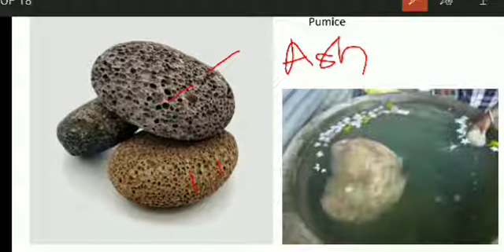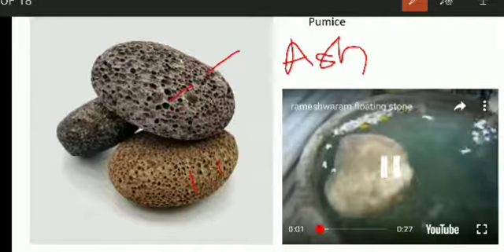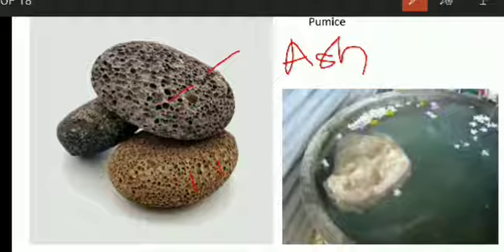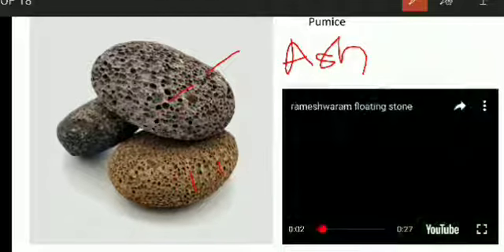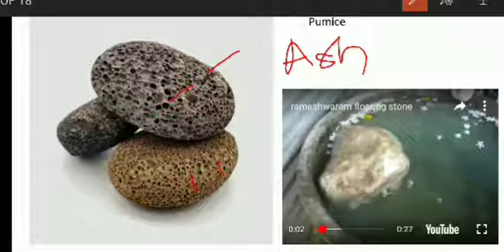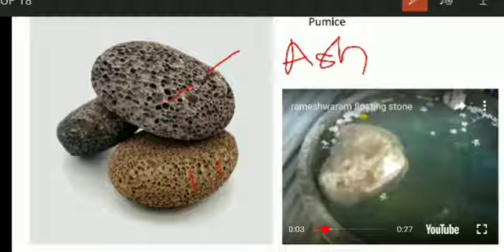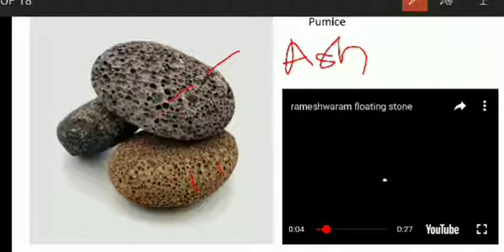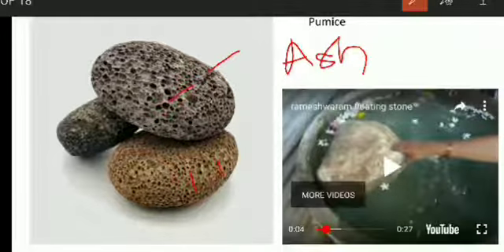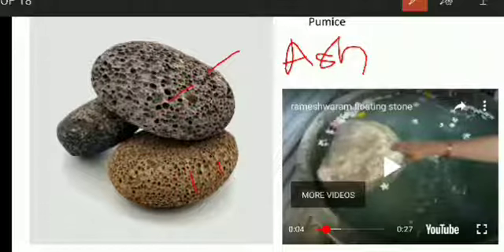So here you can see the floating rock which is at Rameshwaram. See, the rock is floating. So this is how it floats on water.